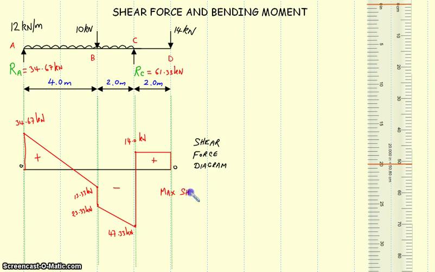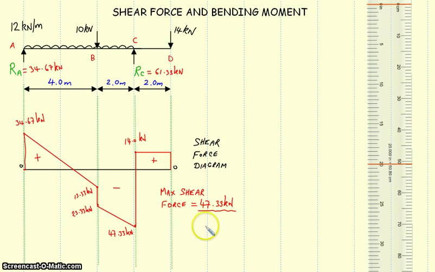Maximum shear force equals 47.33 kilonewtons.